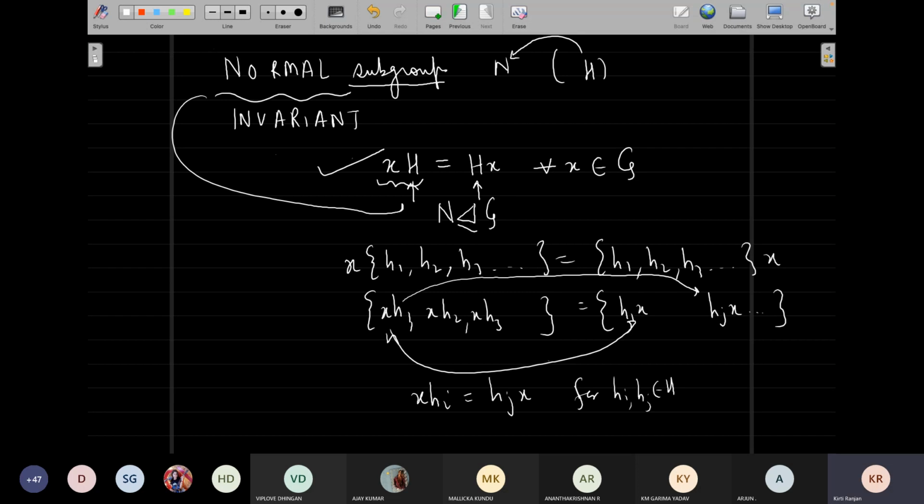Now, just to have an example, let's just try to figure out. We have already done a group which is, let's say, G, the set 1, minus 1, i, minus i under multiplication. Let's take a subgroup which you gave to me earlier, 1, minus 1.